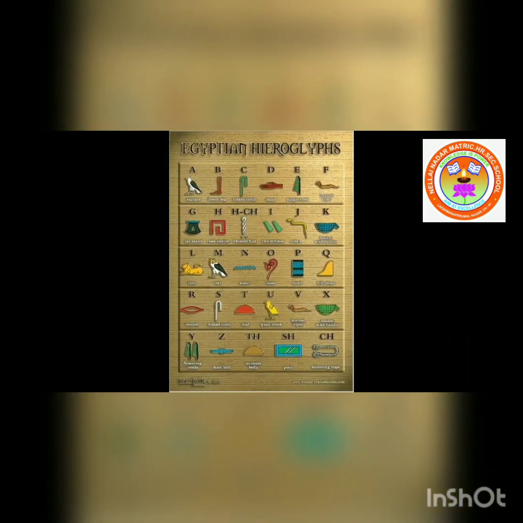About the writing system. The Egyptians are well known for their writing system. Their form of writing is known as hieroglyphic. Here you can see the hieroglyphic writing system. Hieroglyphics were used in the inscriptions on seals and other objects. Hieratic, another form of writing, was used for common purposes.